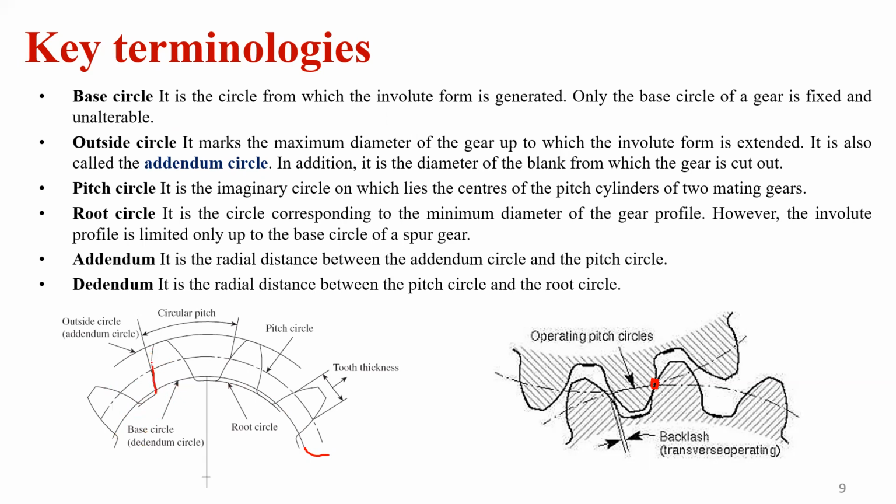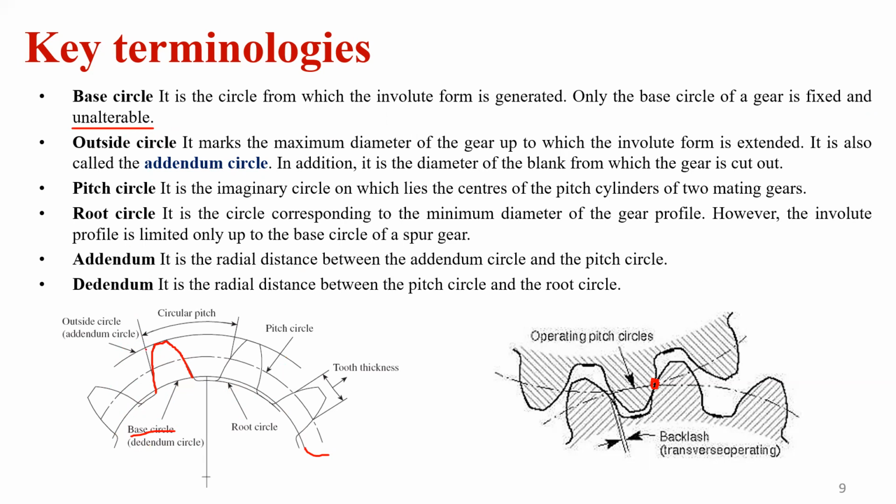This is the only circle of the gear which is fixed, and it cannot be altered. This base circle is also called the dedendum circle.